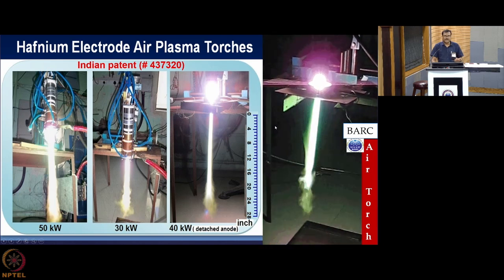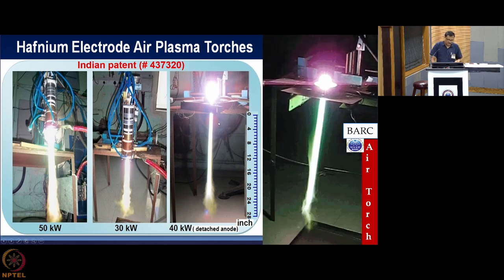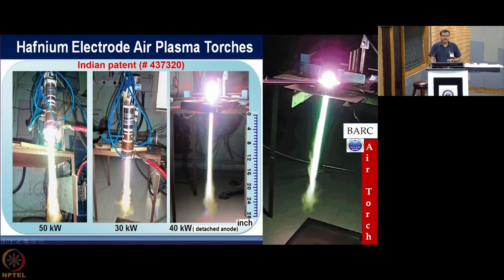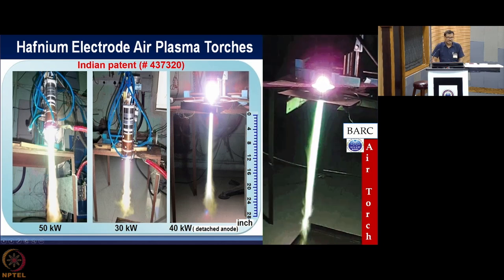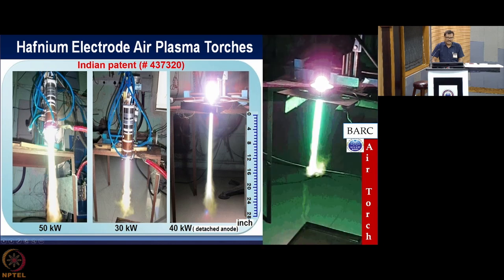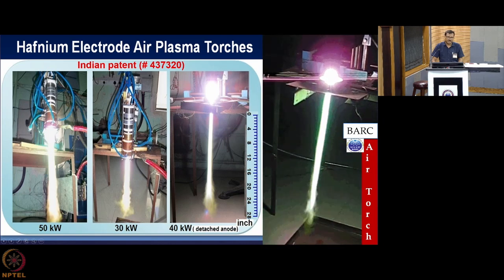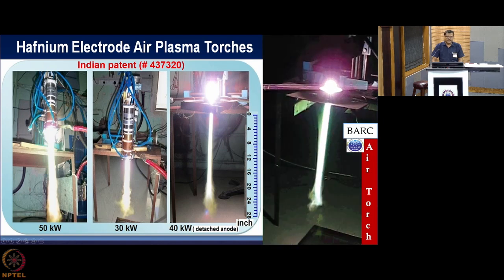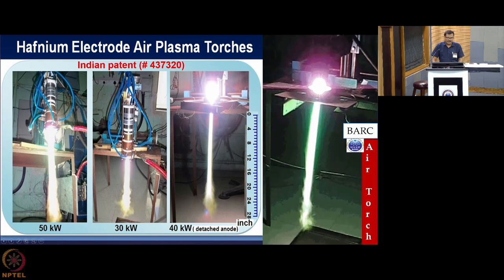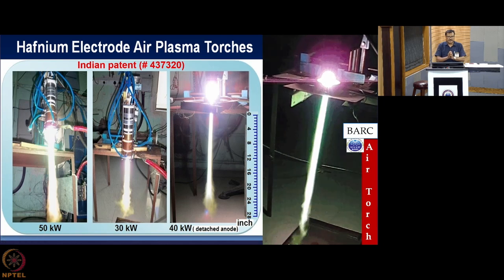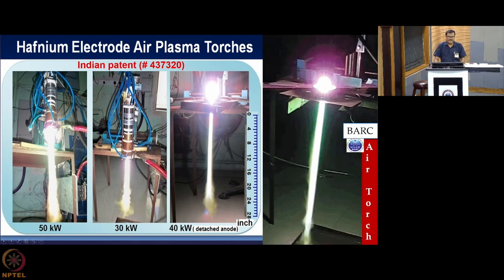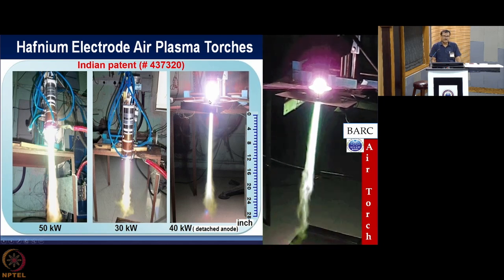But when people told us that it may be due to that pressure effect, what we did, we opened this segment. This was the anode, the bottom one, and the cathode was above. So that pressure, if it is at all, will be released within the open zone. So this zone is open, and from there the plasma is bulging out, that you can see in this third figure.